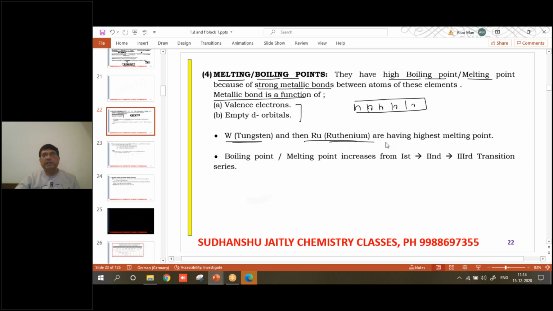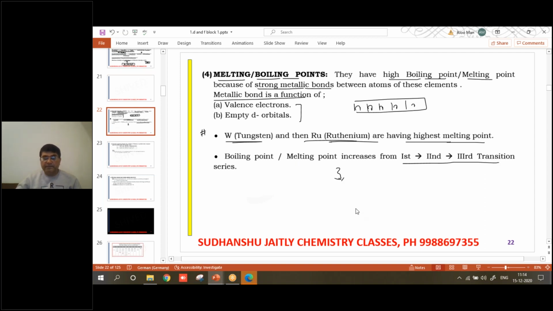Tungsten and ruthenium have the highest melting point, right? D5 will come. The boiling point and melting point increase from first to second to third transition series. As density increases, the more compact the solid, the higher the melting and boiling point. So going down, melting point and boiling point increase.